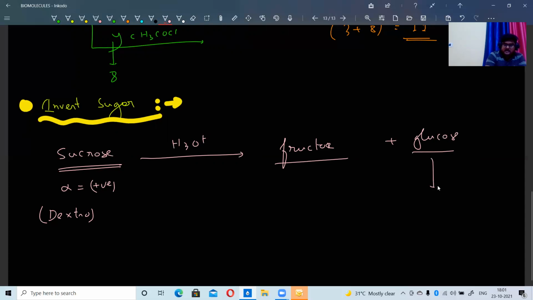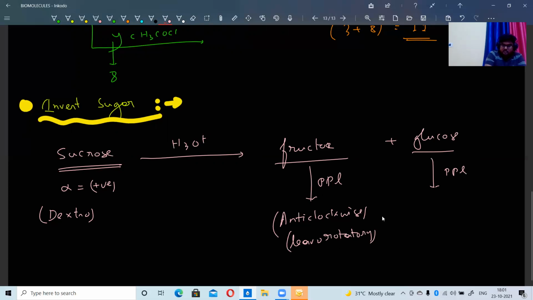When you pass plane polarized light, anti-clockwise movement means levorotatory. Clockwise movement means dextrorotatory, which is positive. Levorotatory is negative.